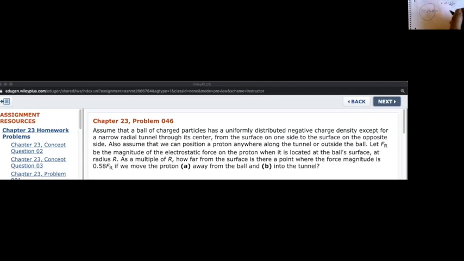So let's see, how can we do this? Let's say for part A, because that was not the question: how far from the surface is there a point where the force magnitude is F equal to 0.58 F_R? This is the force at the radius of the ball.